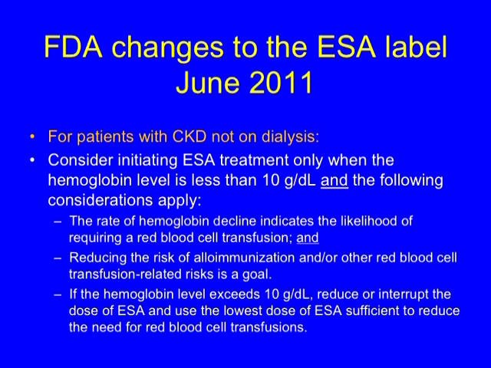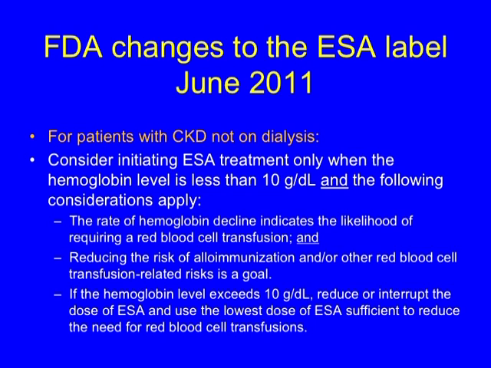About a year or so ago, the FDA changed the label, and for CKD patients not on dialysis, the FDA advised to consider initiating ESA treatment only when the hemoglobin level is less than 10, and the following considerations apply. The rate of hemoglobin decline indicates the likelihood of requiring a blood transfusion, and reducing the risk of alloimmunization and/or other red blood cell transfusion-related risks is a goal.